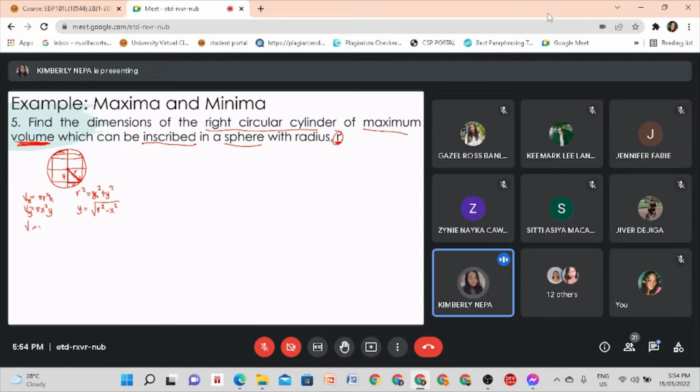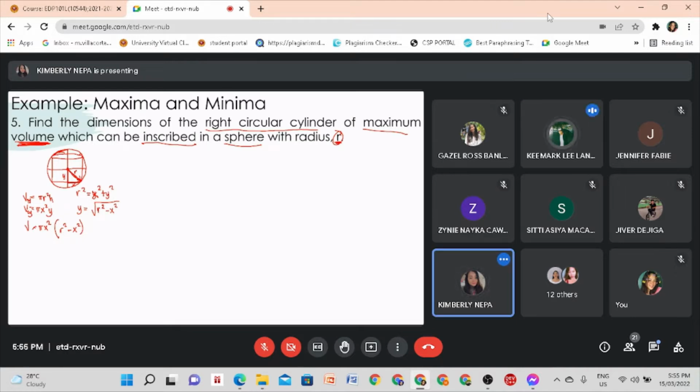So we have V is equivalent to pi x squared, and then our y is square root of r squared minus x squared. Okay, so this is now our formula. As you can see, how many variables are left? Two, ma'am. Is r a variable here?